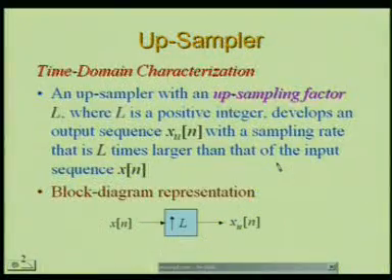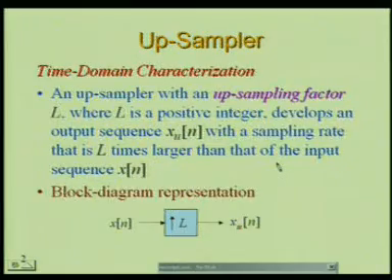An upsampler with an upsampling factor capital L, where L is a positive integer, develops an output sequence, say x_u[n], u subscript I have used to denote the upsampling business, with a sampling rate that is L times larger than that of the input sequence x[n]. The block diagram representation is very clear.